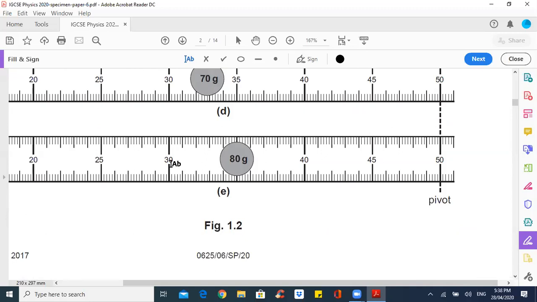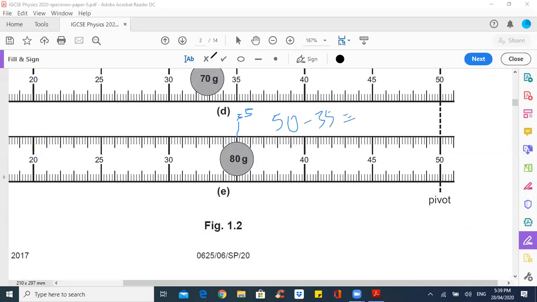80 mark is in the center, so here's 30, here's 35 is in the center, then 40. So here is 35. So you're going to be 50 minus 35.